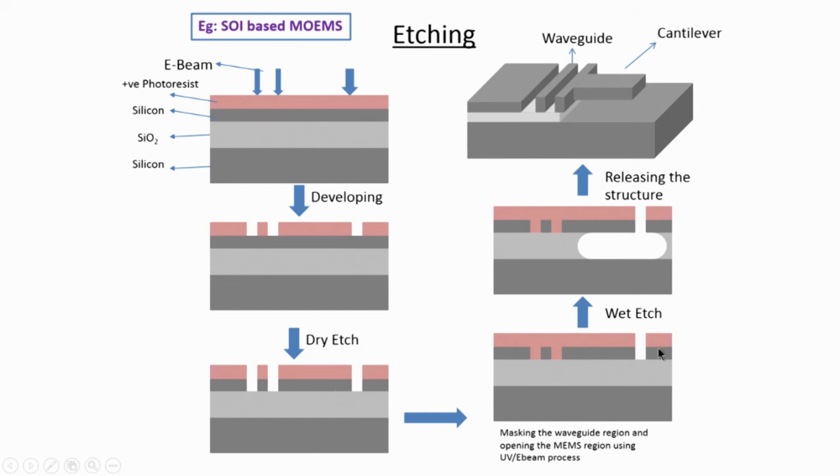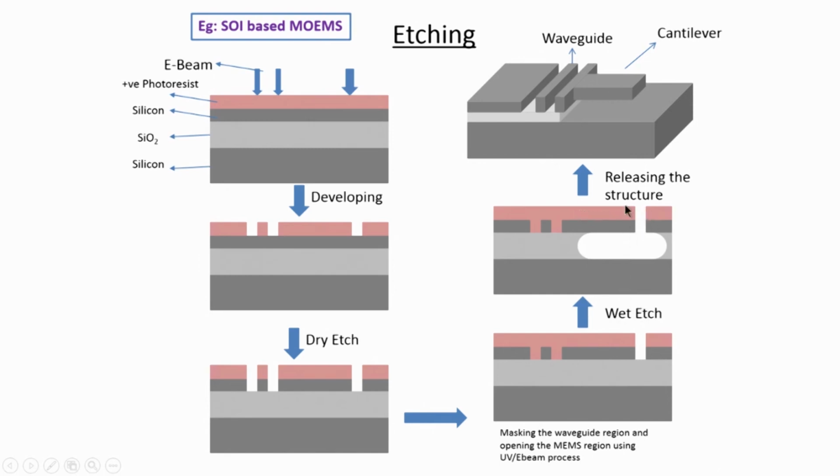There is also a wet etching process, where you use liquid chemicals to etch out the materials, and you can also etch into the wafer. For example, in this particular case you are seeing that using this opening you etch out oxide in this region. This is possible by using chemical wet etching, and the structure remains on top of it.